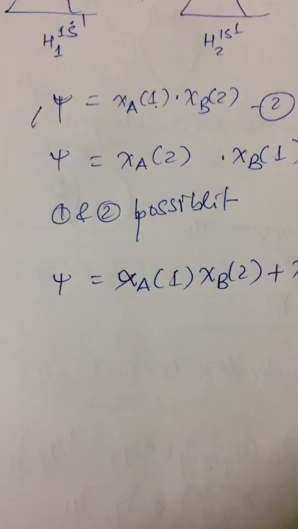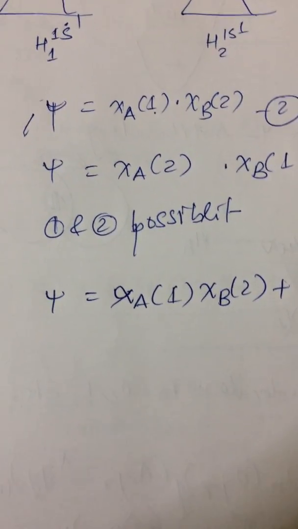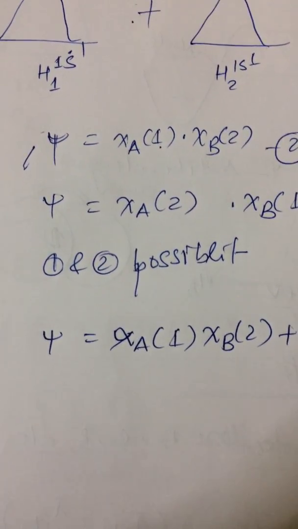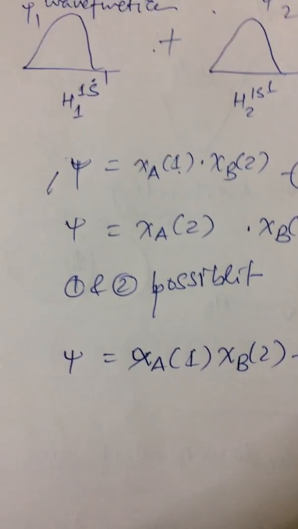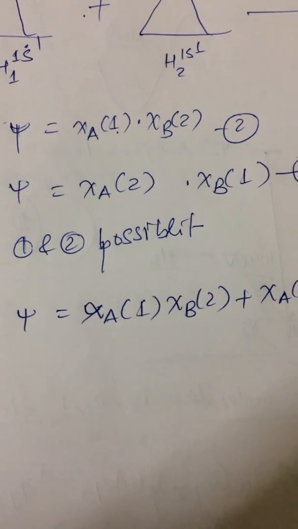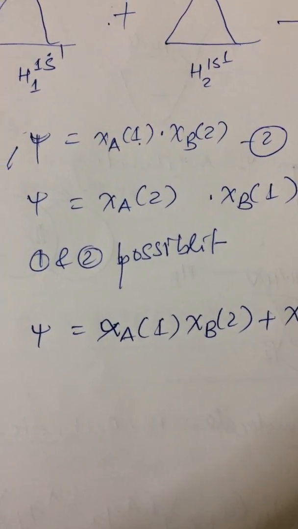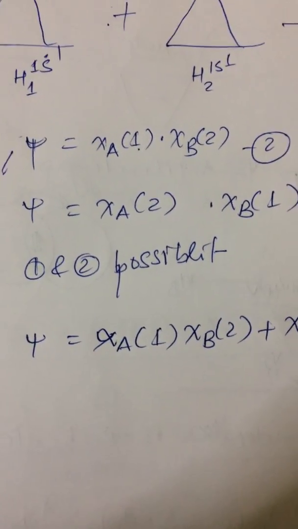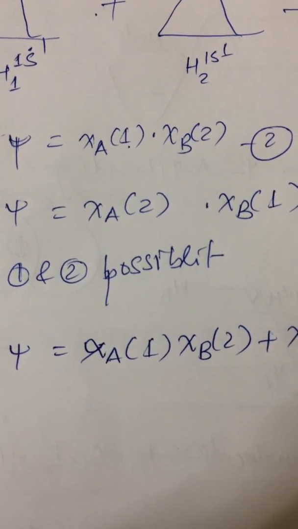So this is the superposition of each possibility. This equation tells how the orbital will form as a form of wave functions.